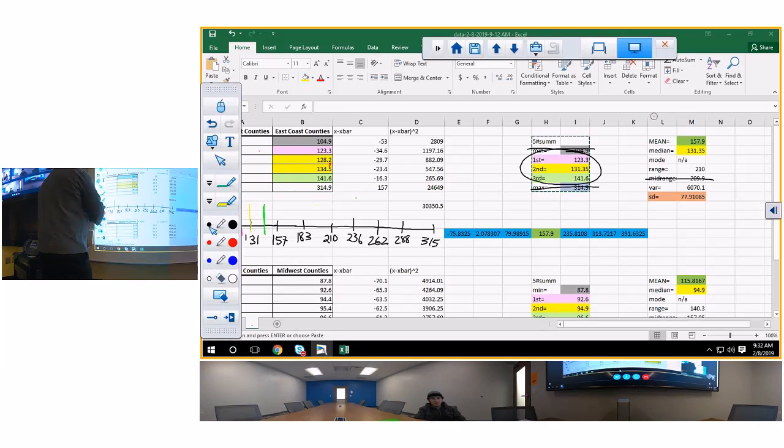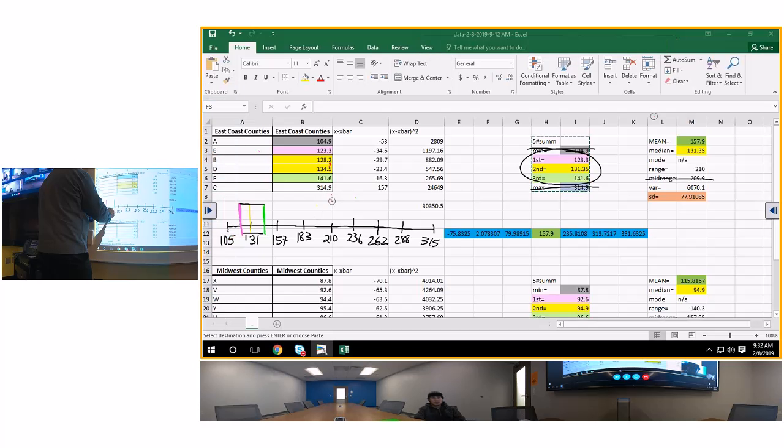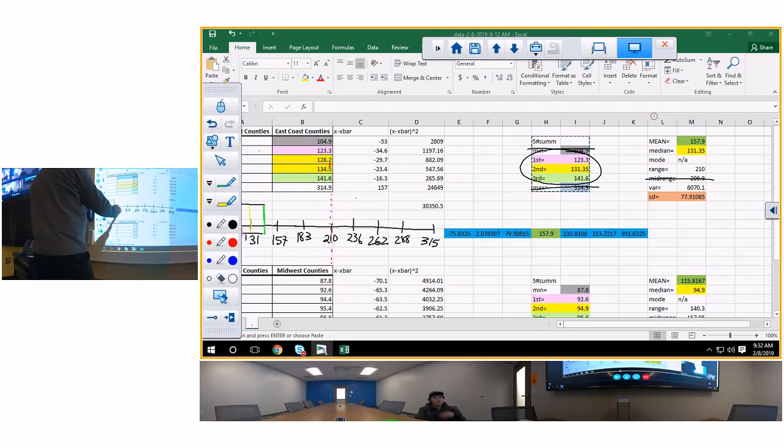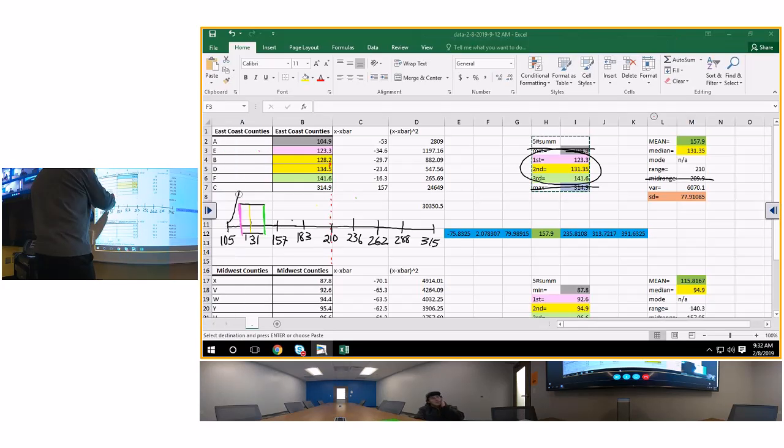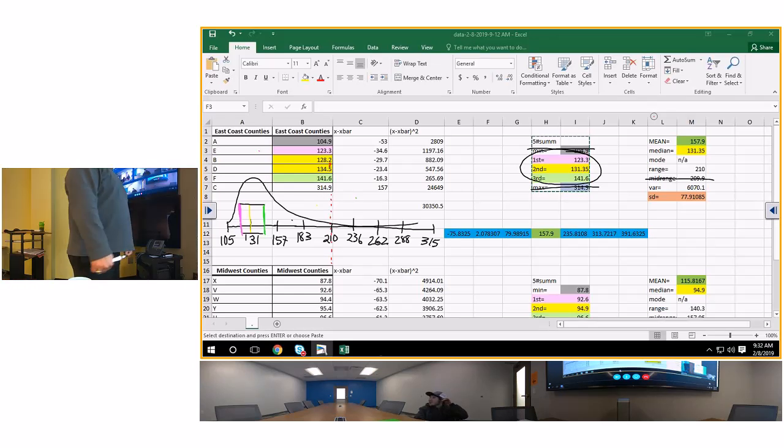And what is all statistics compared to? The middle, or the center. And we know this looks like what? Severely skewed right, because all the data is where? On the left. It's always the opposite.